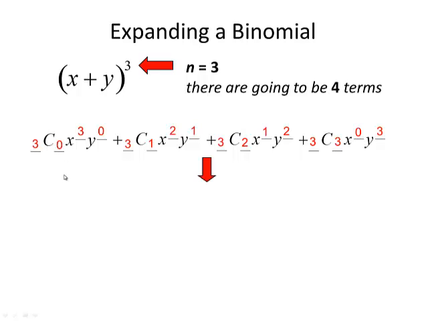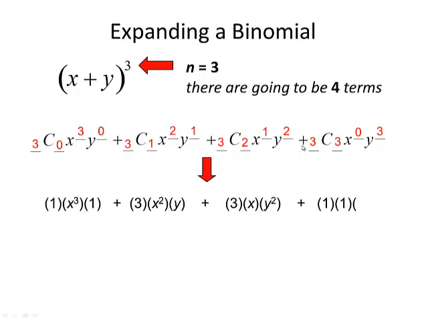3C0 is 1. And x to the third power is x to the third. Y to the 0 is 1. 3C1 is 3. X squared. Y to the 1. Plus 3C2 is 3. X times y squared.